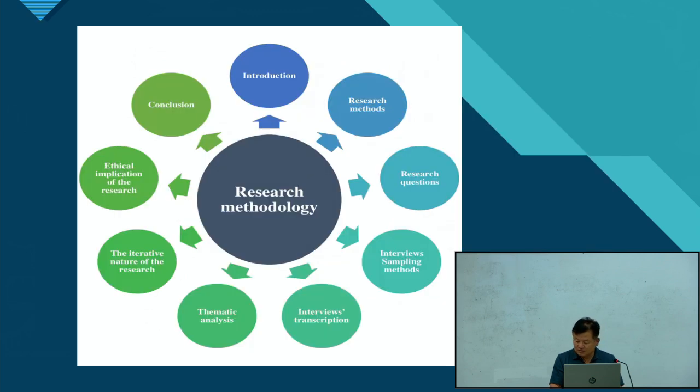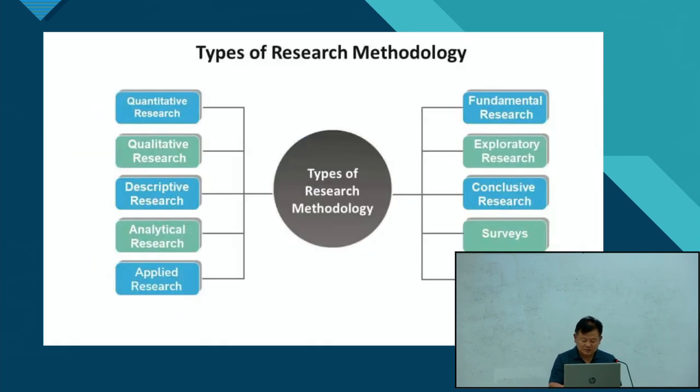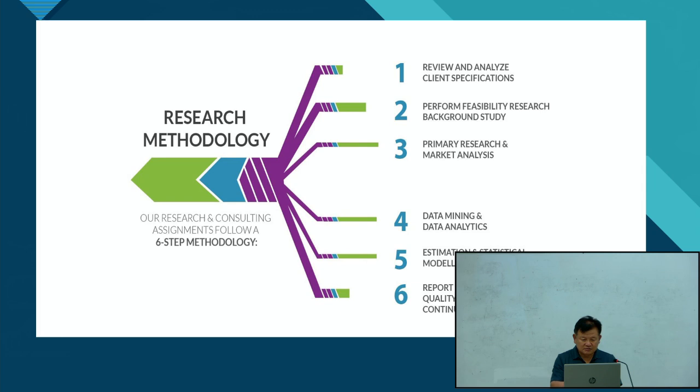Last time we talked about research methodology. Today we will review the research methodology this time. There are many kinds of methodologies. For example, 6 stage research, a 6 steps methodology. First, review and analyze.